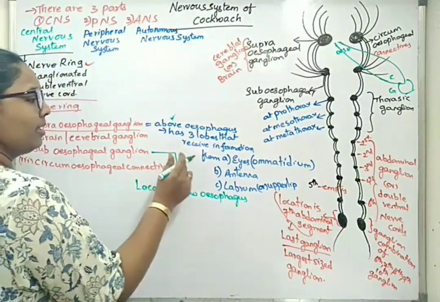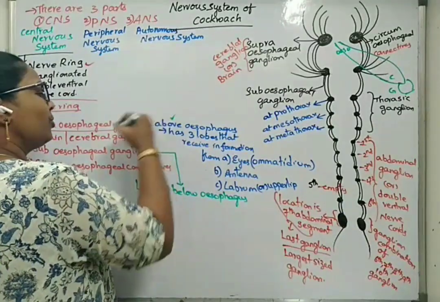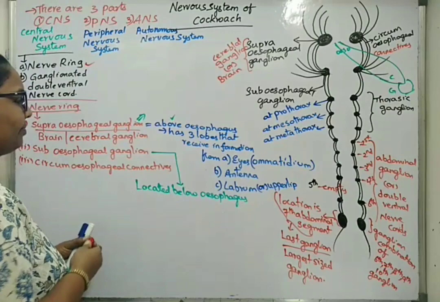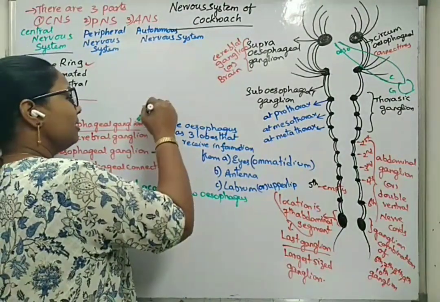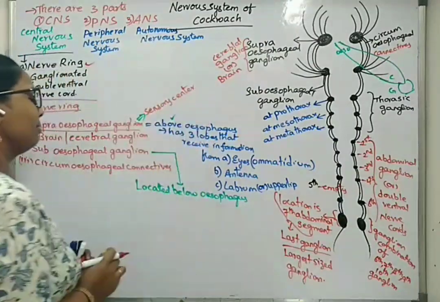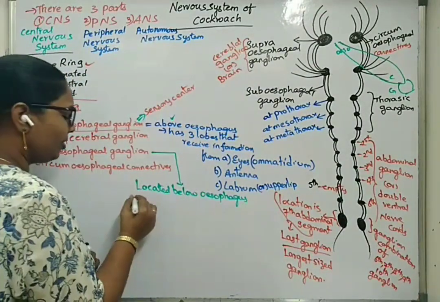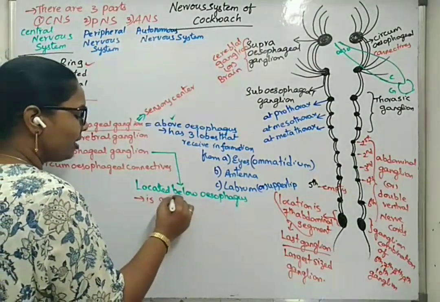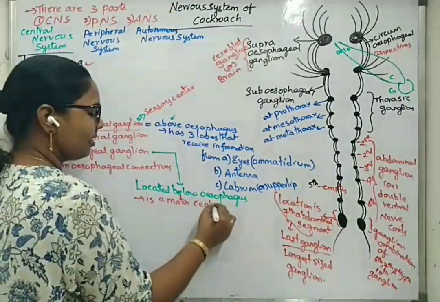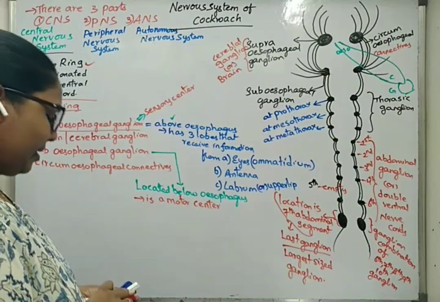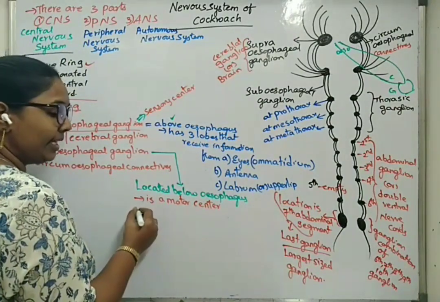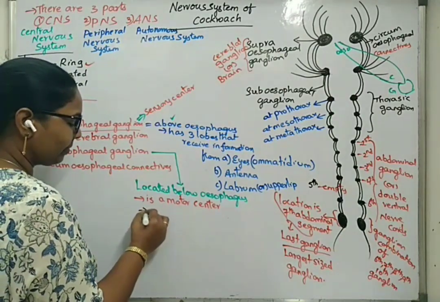Next, here the brain, or supraesophageal ganglion, is said to be sensory in function. We can also write it is sensory center. But subesophageal ganglion is a motor center. Next, it gives information to mandibles, maxilla and labium or lower lip.